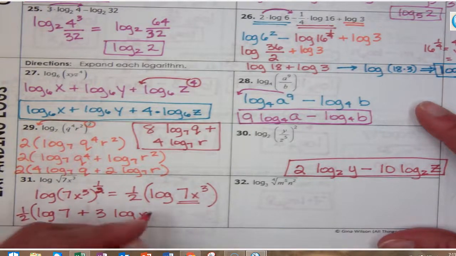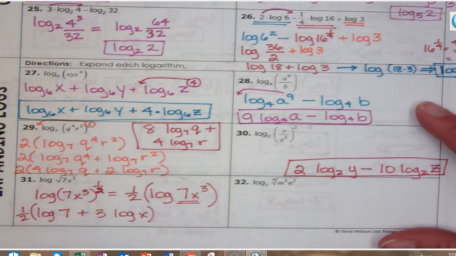So you have to distribute that 1/2 to get 1/2 log 7 plus 3/2 log x.